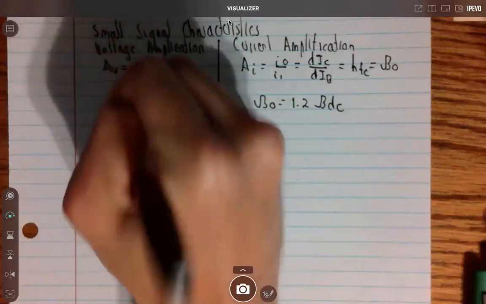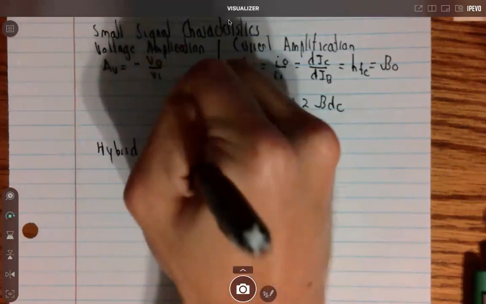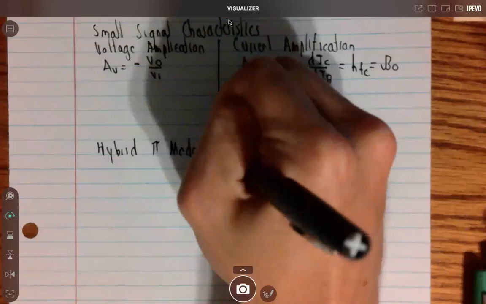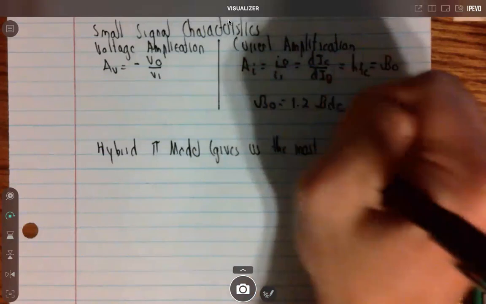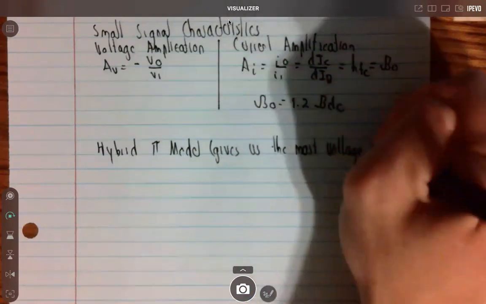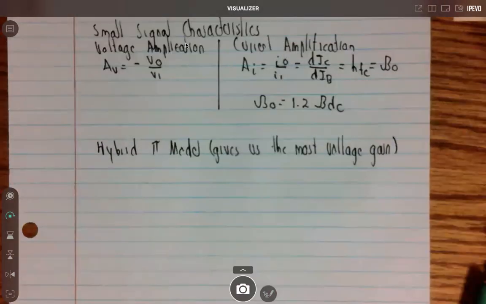That's why we like using it. And so for this, basically what happens is it's used for small signals.